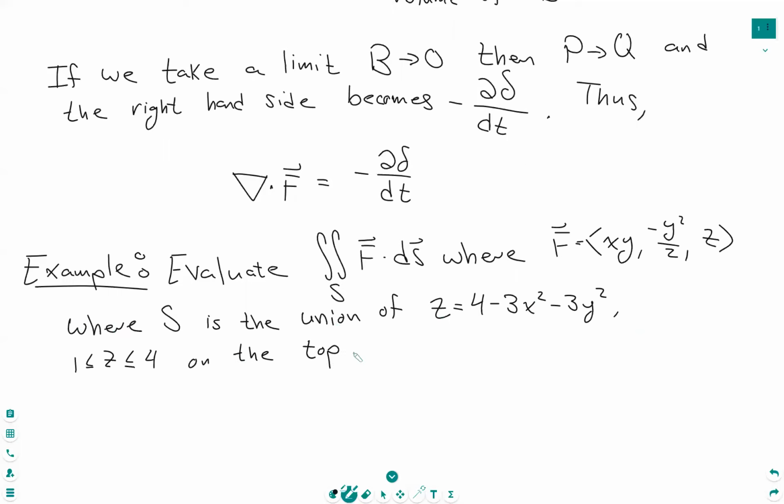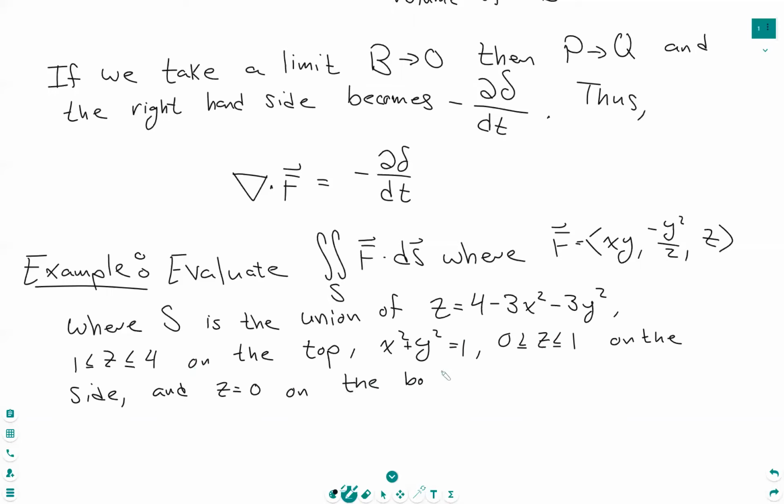On the top, we have x squared plus y squared is equal to 1, where z is between 0 and 1 on the side. And then we have z is equal to 0 on the bottom.